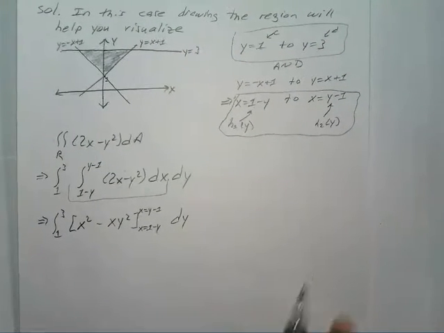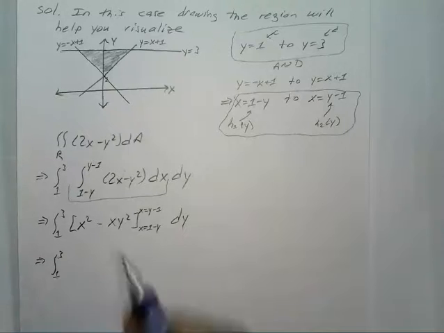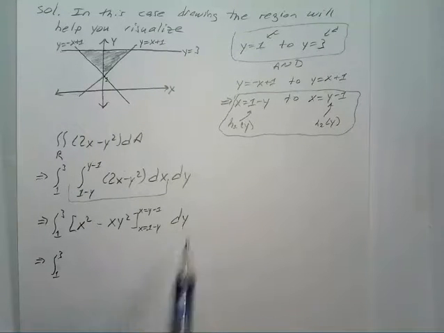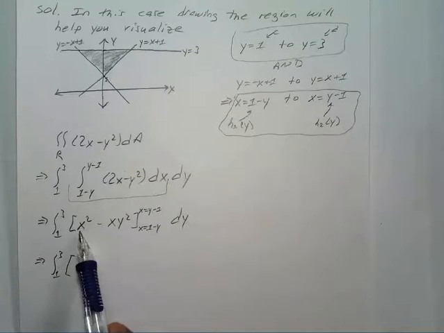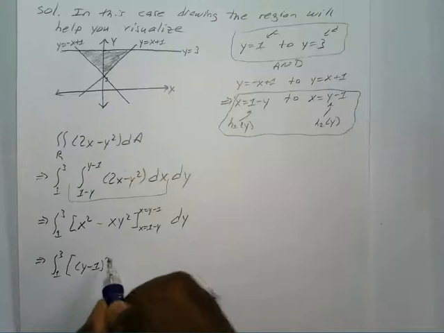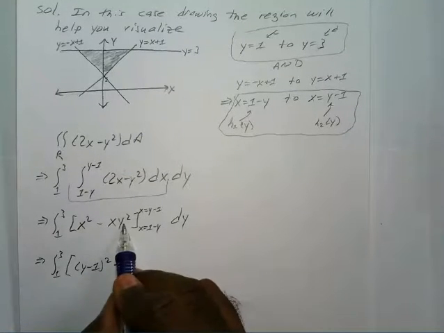So, our integral from 1 to 3, remember that keeps on going until we're ready to use it. Same with this. When we're done, we're going to put that back down there. So we have y minus 1 squared minus y minus 1 times y squared.